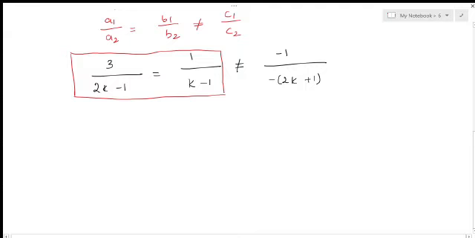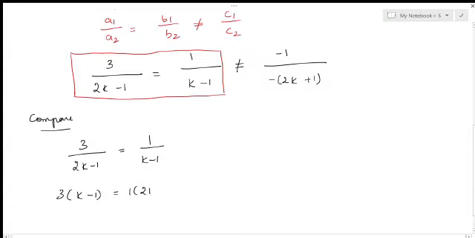So compare. 3 by 2k minus 1 equal to 1 by k minus 1. Cross multiply. 3 into k minus 1 equal to 1 into 2k minus 1. Now multiply 3 inside. 3 into k is 3k, minus 3 into 1 is 3, equal to 2k minus 1.